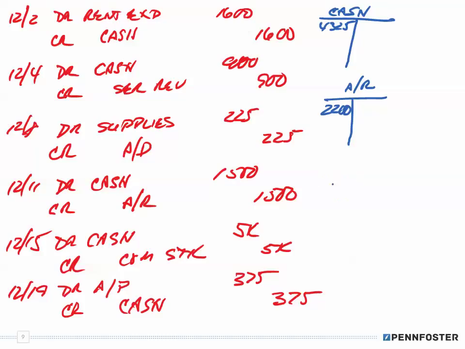Then I have a supplies account, and that balance was $450. And then I had a furniture account, office furniture, and that balance was $3,100.